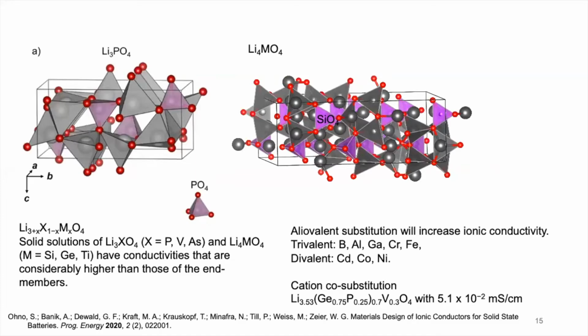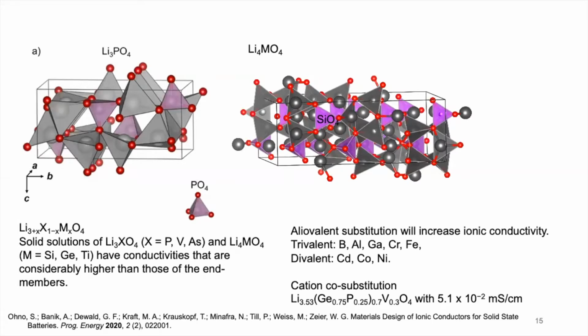So once you have something like this, let's say a starting compound still in the same family, Li3XO4. What is X? X can be phosphorus, X can be vanadium, X can be arsenic. Typically, arsenic is not used just because of its toxicity, but it can sit on those sites. So that's X, and then you have your M, so that can be silicon, germanium, titanium.